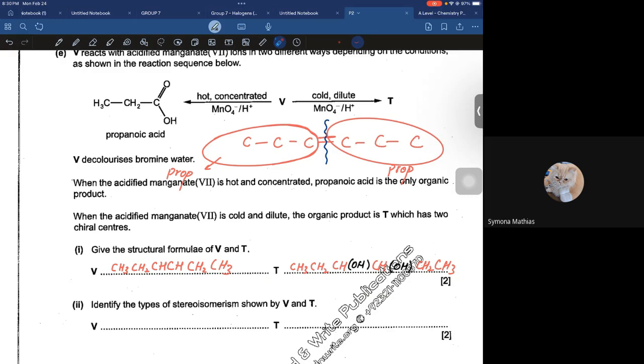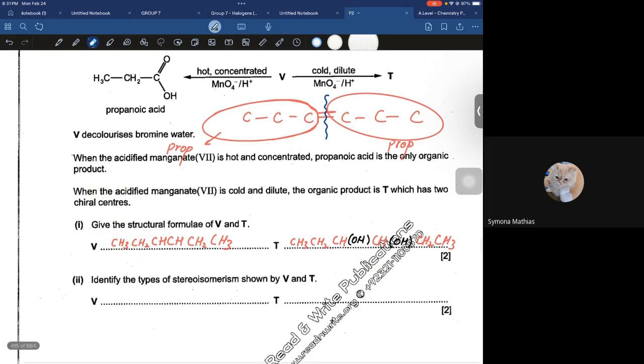Identify the types of stereoisomerism shown by V and T. The second point says T has two chiral centers. How? If you can see this carbon and this carbon, this is your chiral center.